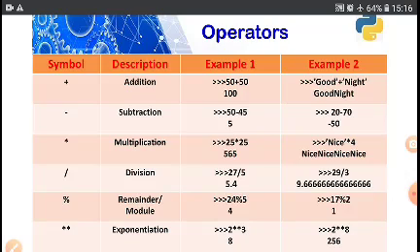Subtraction will work only on number data, not on string data. Multiplication sign, 25 into 25, this output is wrong, the correct one here is 625. Multiplication sign will work on integer numbers, float numbers, and it will also work on strings. Nice into 4 will produce nice 4 times.